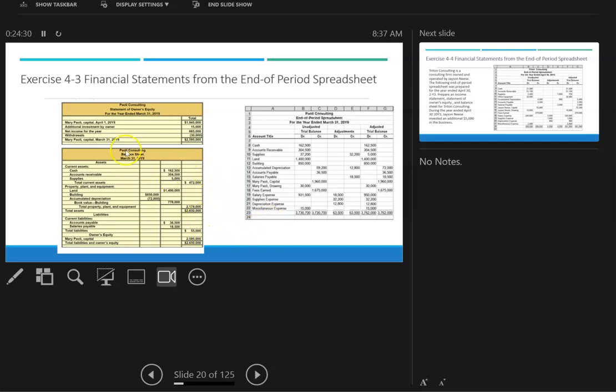Everything else in the balance sheet, we break down by current assets, or we break down into property, plant, and equipment. There are a bunch of other categories, but for now we're going to keep it straightforward. We show our current assets, cash, accounts receivable, and supplies, and then we total them.